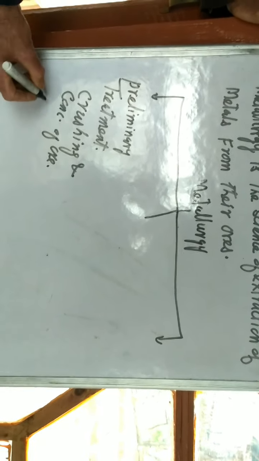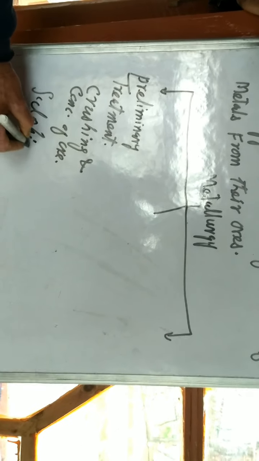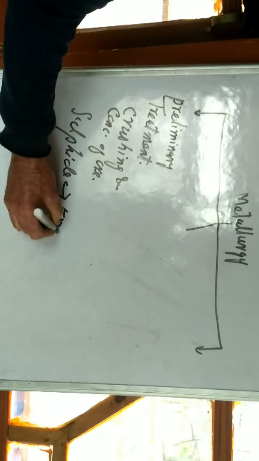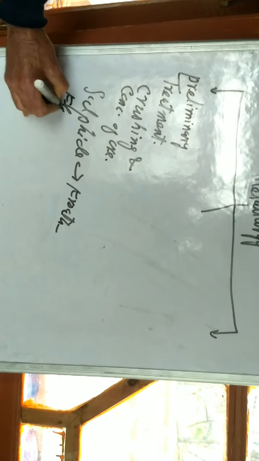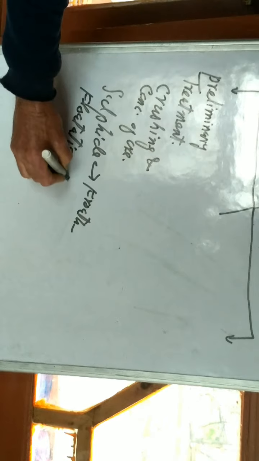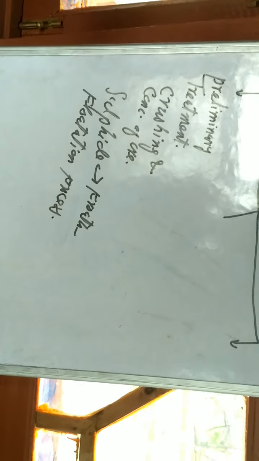For sulfide ores, we use the froth flotation process. Now what happens in the froth flotation process?